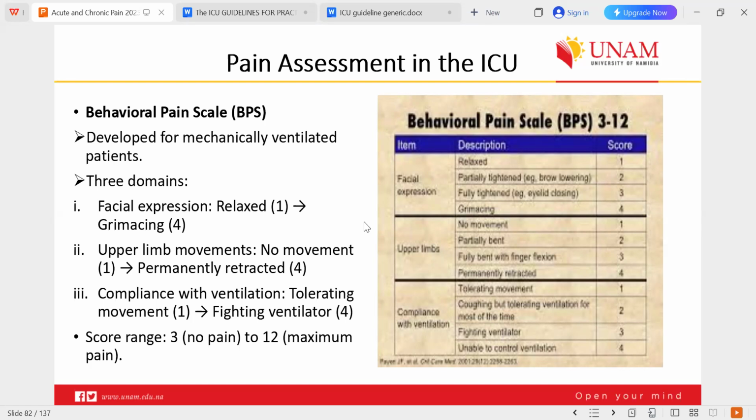Patient is tolerating; patient is coughing, but tolerating ventilation most of the time; patient who is fighting the ventilator will have a score of 3; and patient who is unable to control ventilation has 4. The score ranges between 3, no pain, and 12, maximum pain. So the compliance with ventilator is what makes it unique for ventilated patients in the ICU.